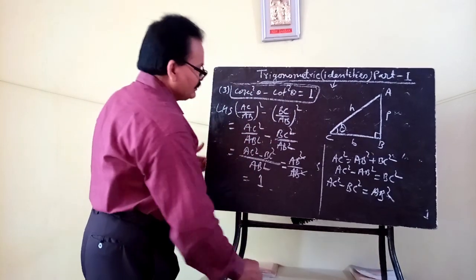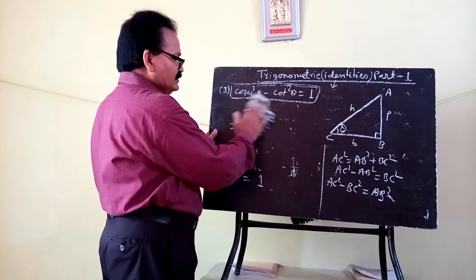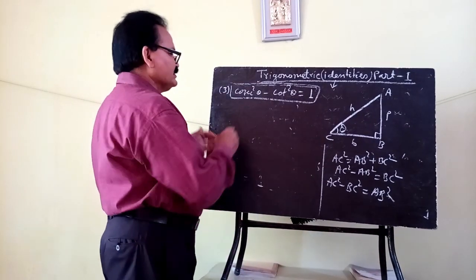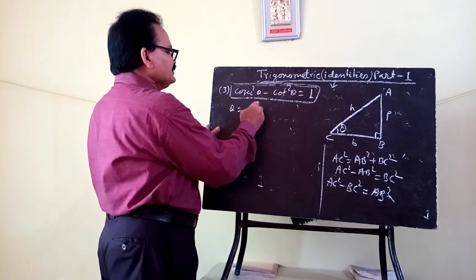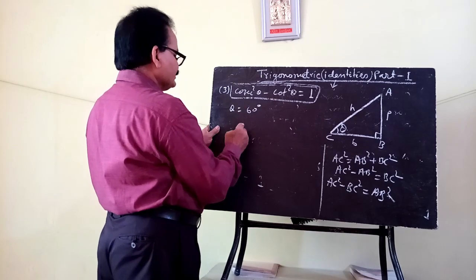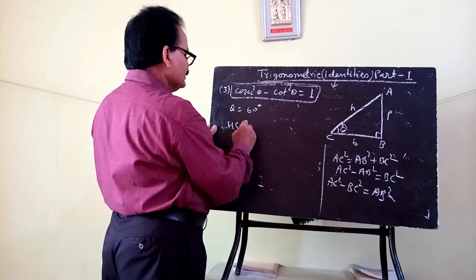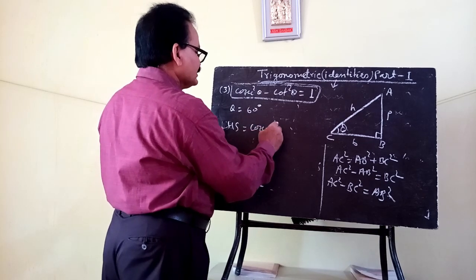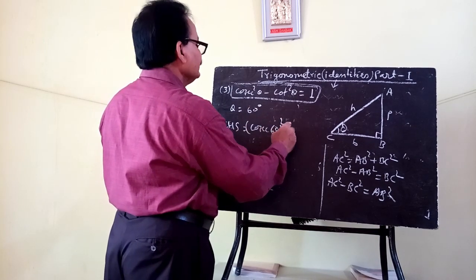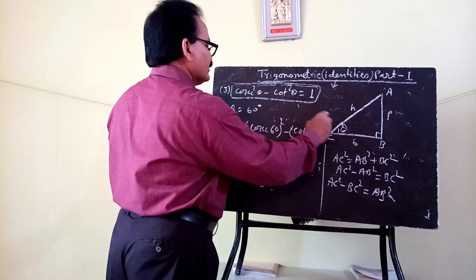Again you can check or verify by putting any values of theta. Okay, say theta is 60 degree. Then LHS is cosec 60 degree whole square minus cot 60 degree whole square.